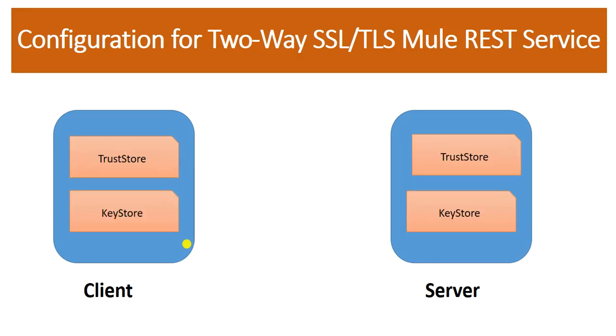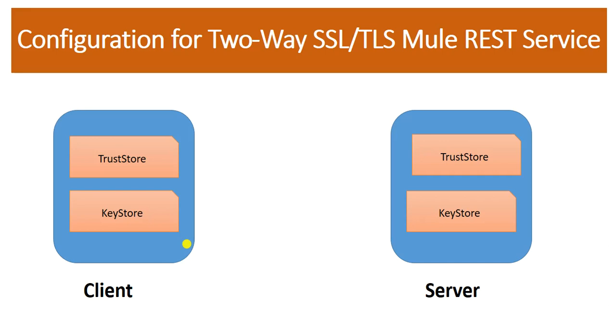And for the second scenario that we will be covering in this tutorial, two-way SSL, which is also known as mutual SSL or TLS. In this case, both client and server maintain a keystore and truststore, and this is the case for most B2B communication, which is mostly server to server communication, in which both client and server authenticate each other against the public and private key pair, and each of them maintains its own key store with its private keys and shares the public certificate with the other party.